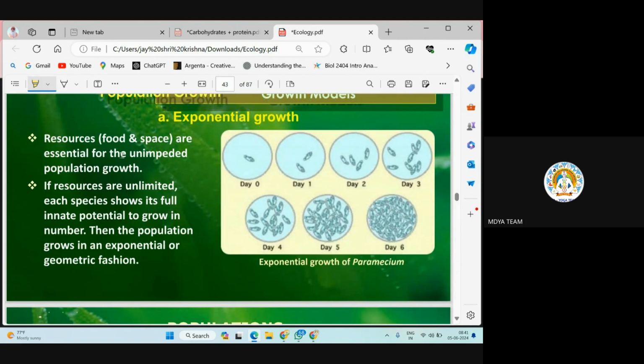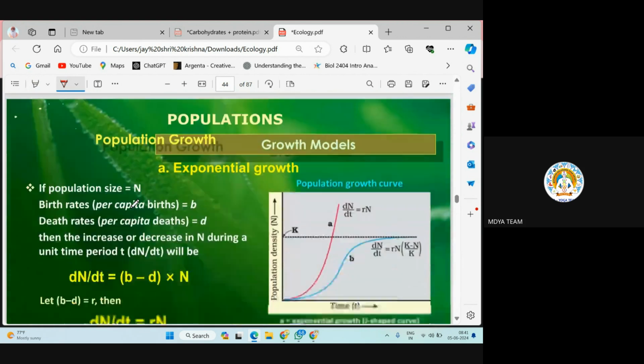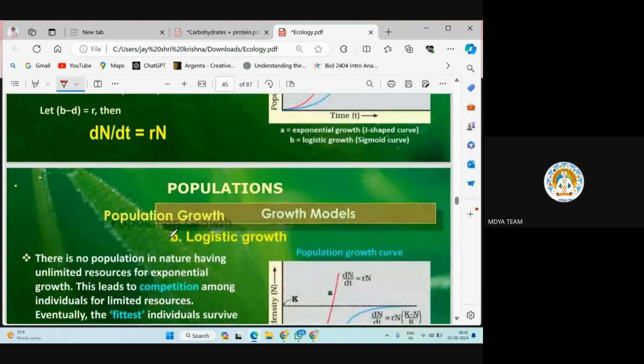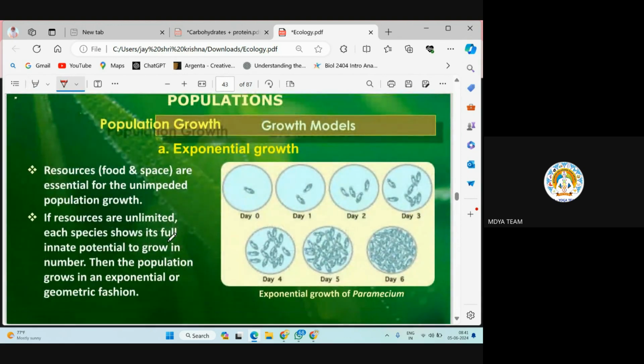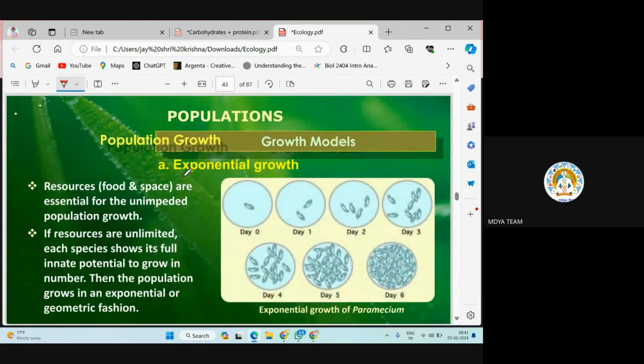Next is two types of growth curve, exponential growth and logistic growth. Now see, first one is exponential growth. What is exponential growth?